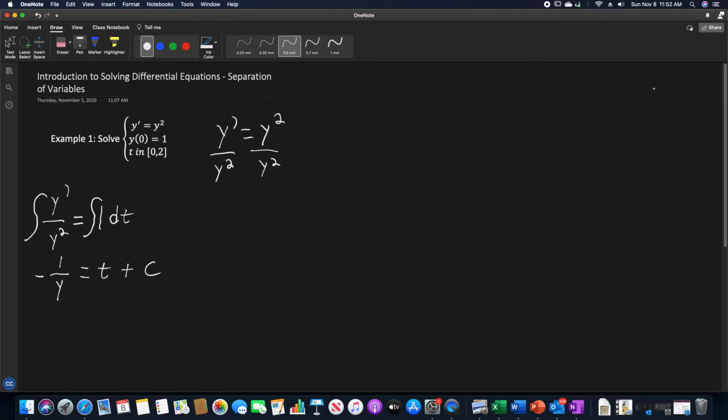And based upon this now, we need to solve for y. We can multiply both sides by a negative y to move it to the right. This is going to make 1 is equal to negative y times t plus c. And then just to fully move everything over, we're going to divide by negative t plus c on both sides.